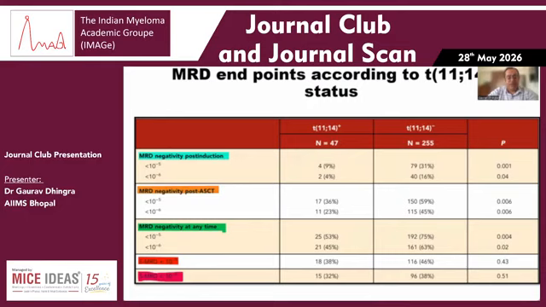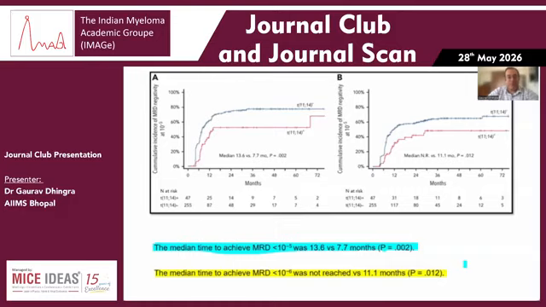An important thing to observe is that the MRD negative rate improved with each line of therapy in both groups, and there was no difference in sustained MRD negativity rate in both groups at the level of both 10 to the power minus 5 and 10 to the power minus 6. If we see the graph for median time to achieve MRD negativity, it was shorter in translocation 11-14 negative myeloma than translocation 11-14 positive myeloma.